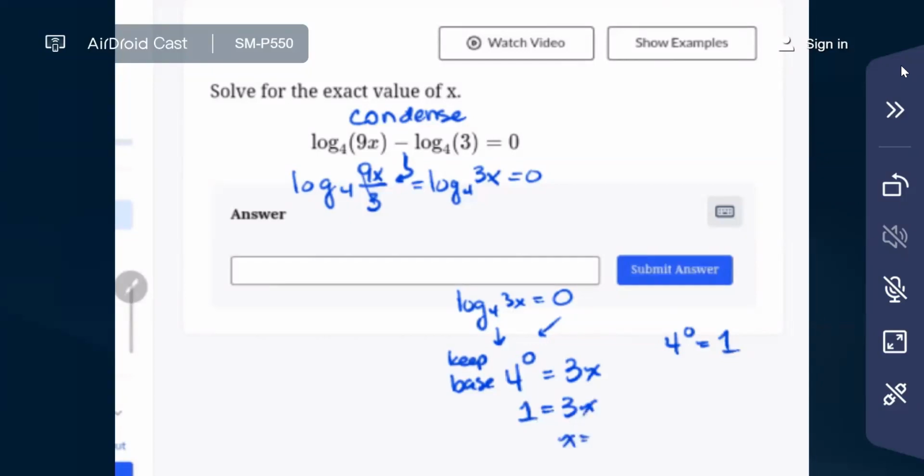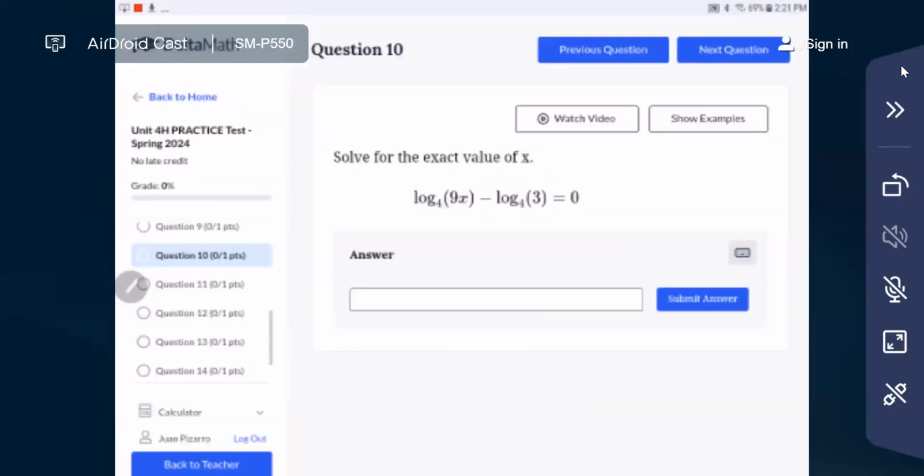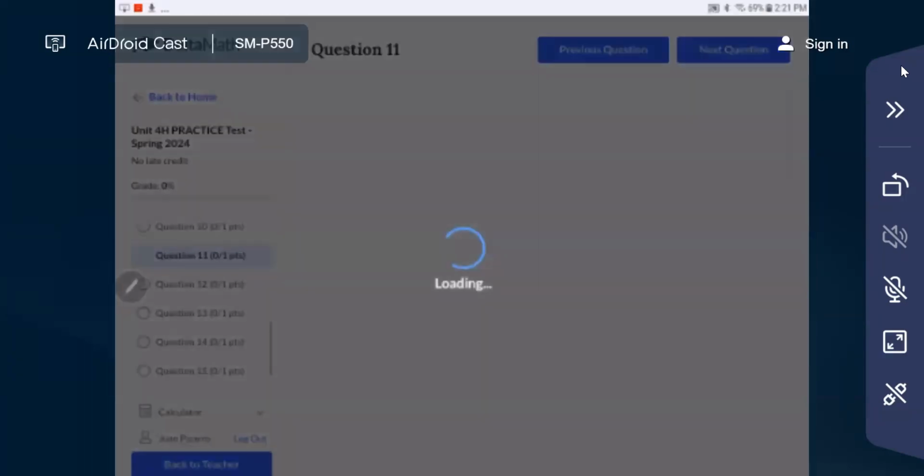And so we find out that x equals 1/3 by dividing both sides by 3. So we had two steps there, really. One was condense, and then step 2 was switch between the log and the exponential. Only a few more to go.